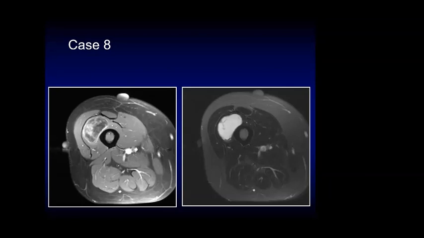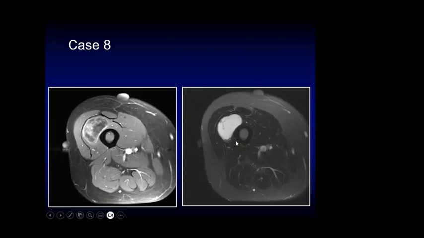Adductor muscle? No, it's actually in the quadriceps compartment. The quadriceps compartment, this is the adductor compartment, this is the hamstring compartment, this is sciatic nerve. Femoris muscle here, and this is vastus intermedius muscle.